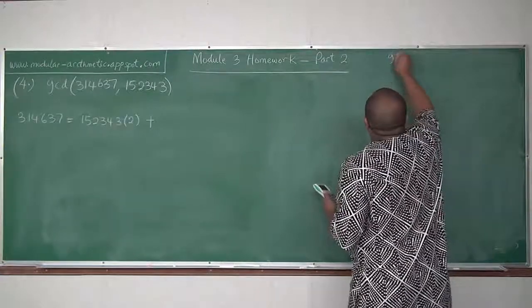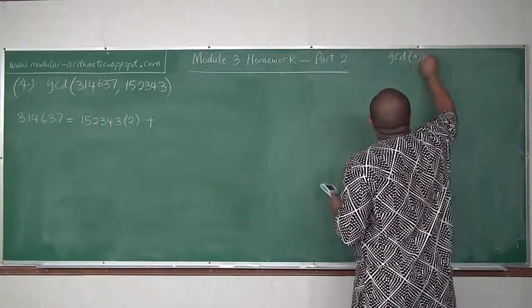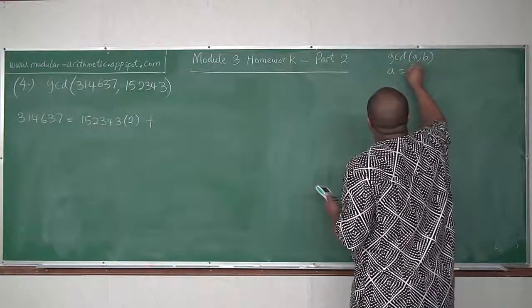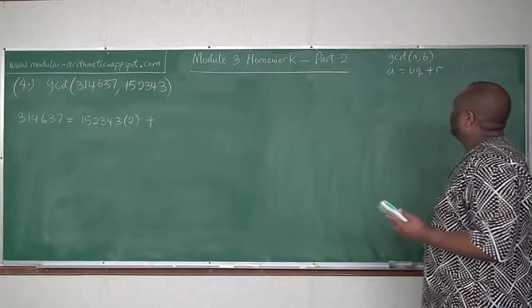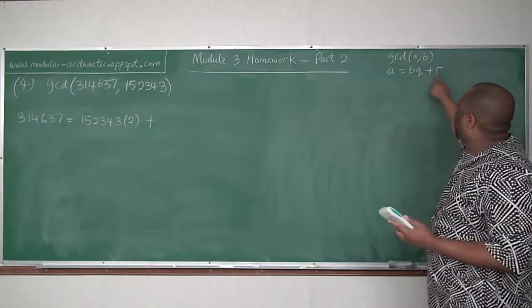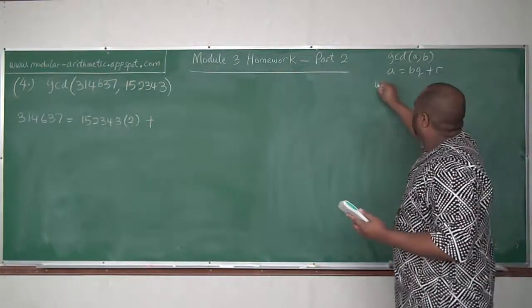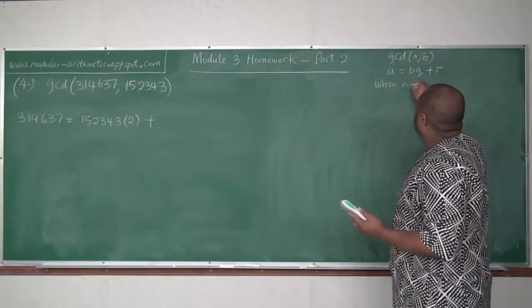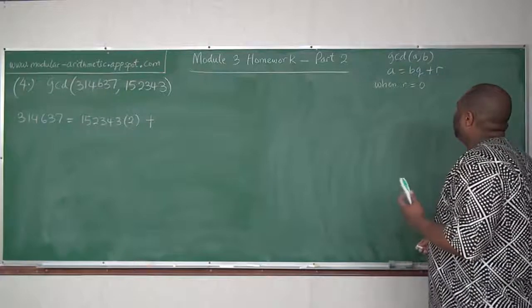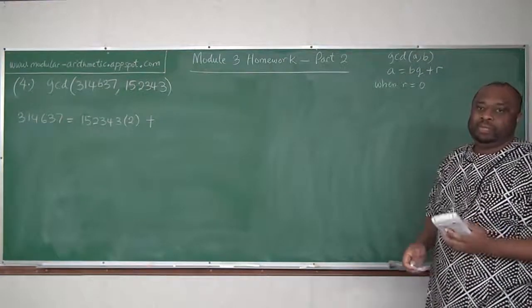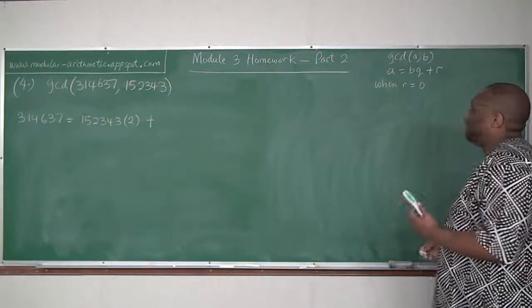The GCD of A and B, we know that A is equal to BQ plus R. We keep doing it until the remainder R is 0. A is the dividend, B is the divisor, Q is the quotient, and R is the remainder.